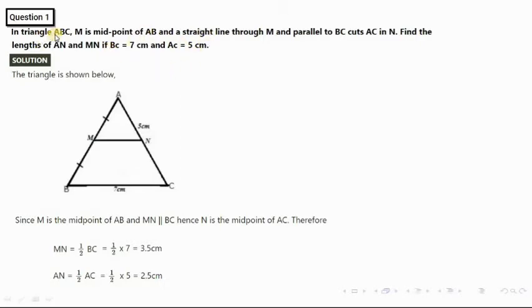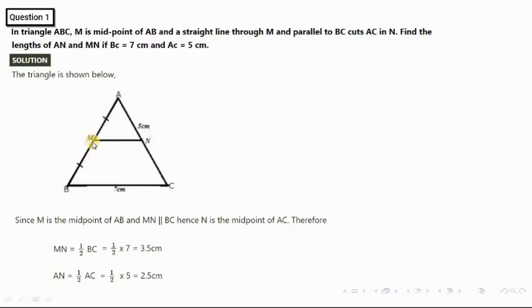Alright, so there's a triangle ABC. Now it is said that M is the midpoint of AB. So this is my AB, so take the midpoint to be M. The next thing is a straight line through M and parallel to BC.